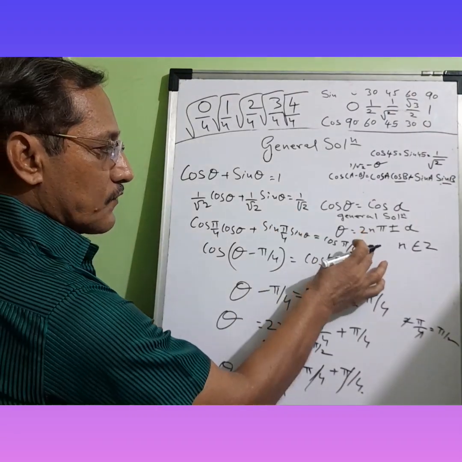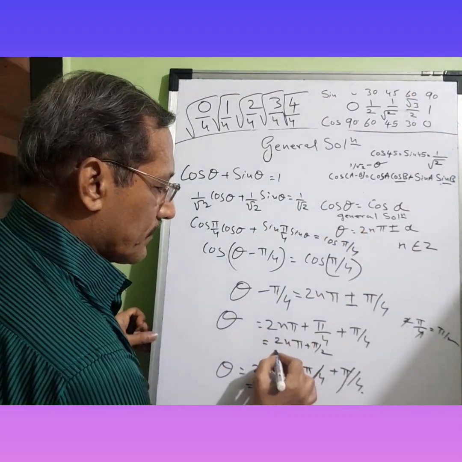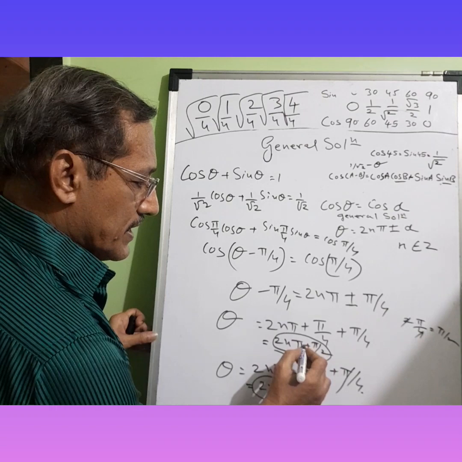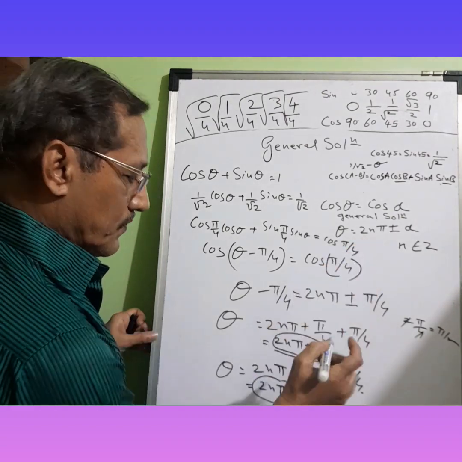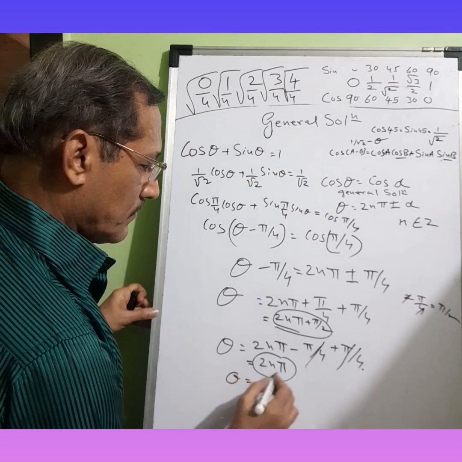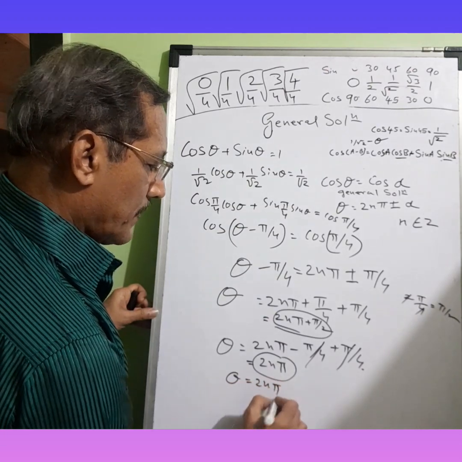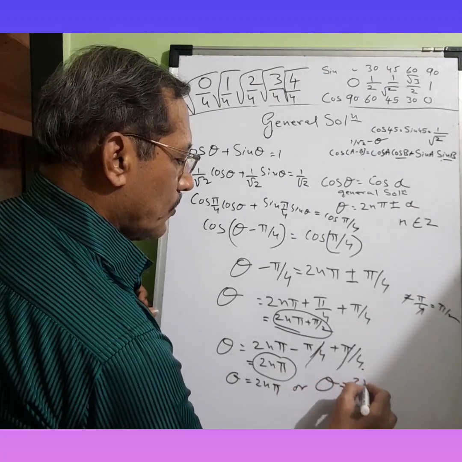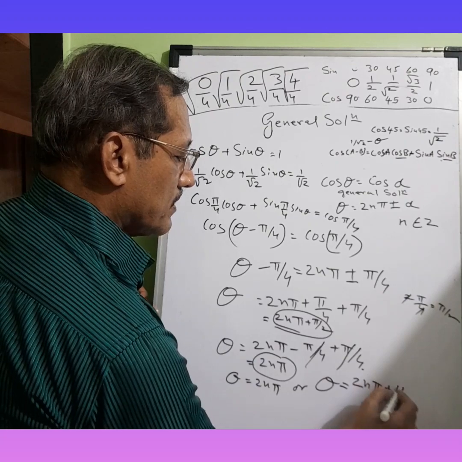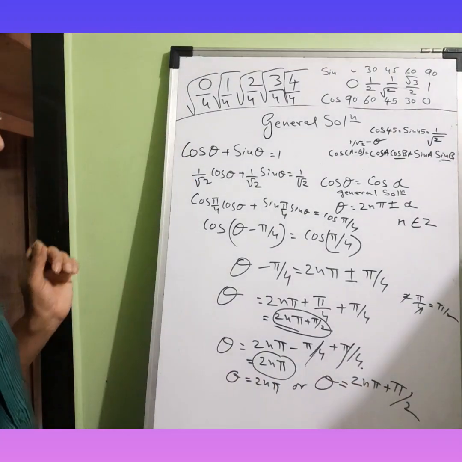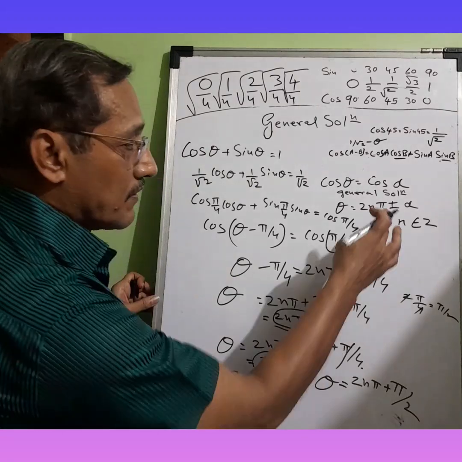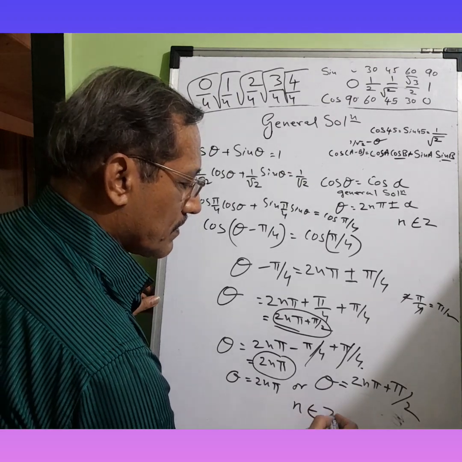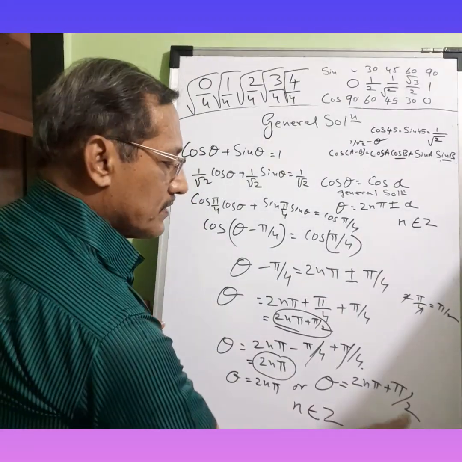So we will have two values, as our answer could be this or this. So theta is equal to 2n pi, or theta is equal to 2n pi plus pi by 2. That's our solution. Obviously we also have got to write that n belongs to integers.